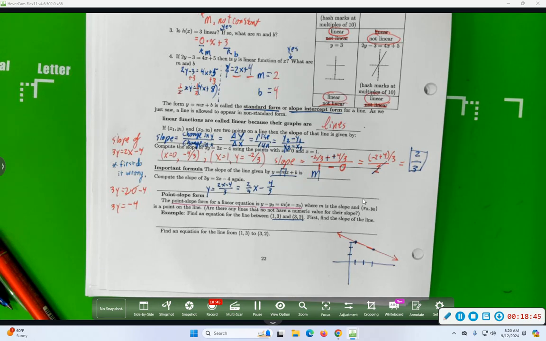Let's try to use that in this case. So to use this form, I need a point on the line and I need the slope. Do I already know a point on the line? Yeah, in fact, I have 2 different points. I can pick which one I use. Which one would you rather use? Do you think it'll make a difference?